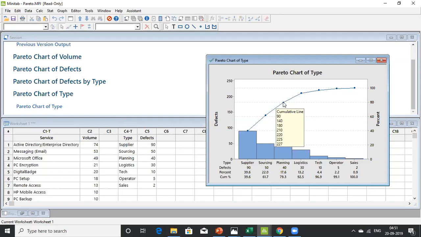Right. Now, one catch to this. This is a very straightforward way of saying who's contributing to my issues. But in statistics, the next level of analysis, which we'll probably do in the next session, just to give you a brief, is that we do hypothesis testing to find out whether what we see is really true or not, right?